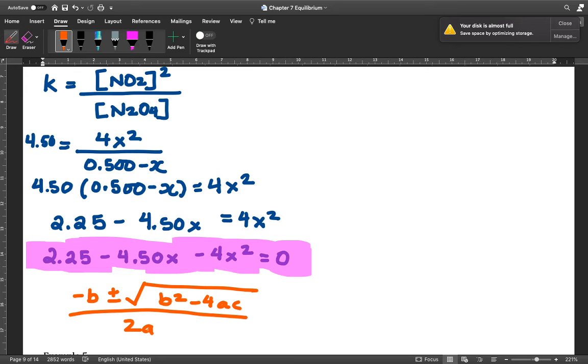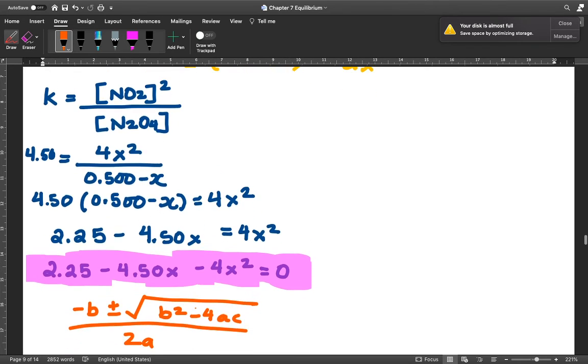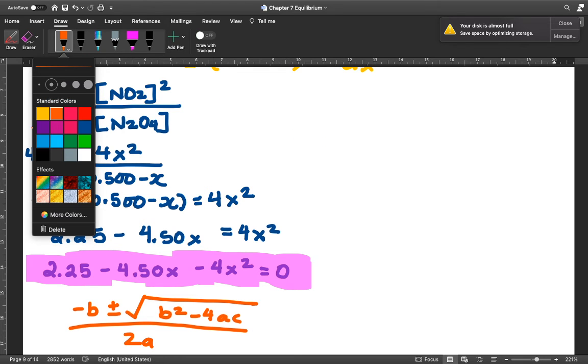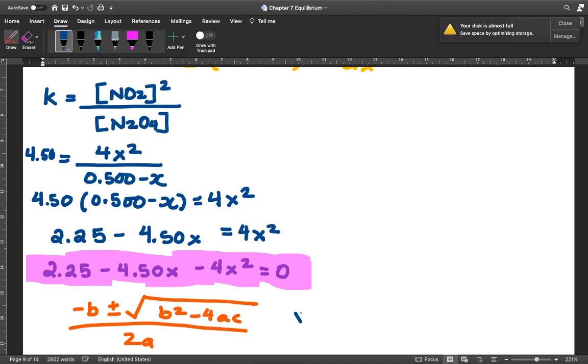When I plug in these numbers into my formula, there's going to be two possible answers. One is going to be negative, one's going to be positive. We can only take our positive value. And so we're going to find that x is equal to 0.375. The negative value of x we cannot use because that doesn't make any sense in our context.